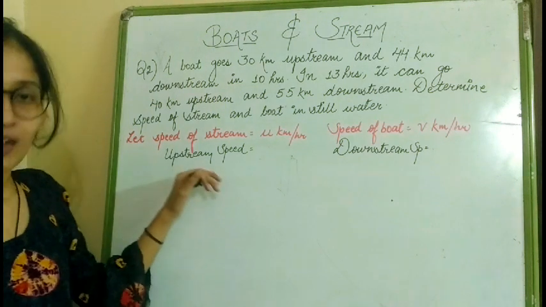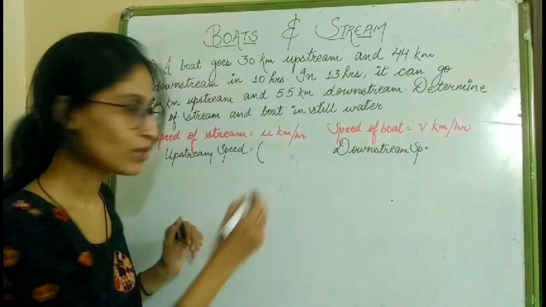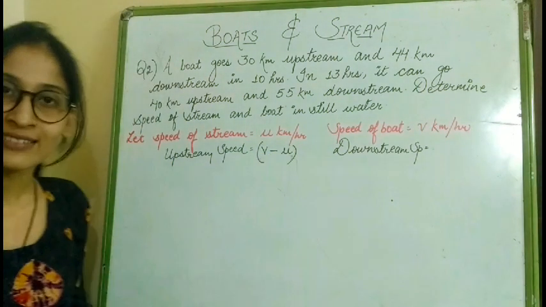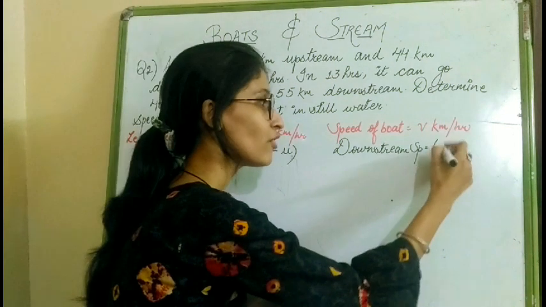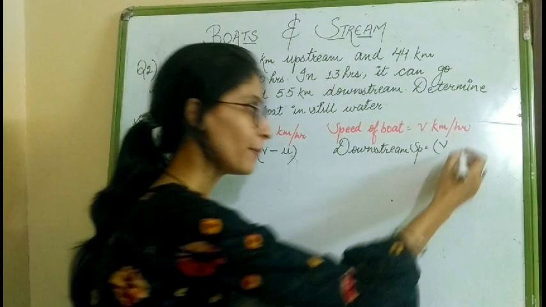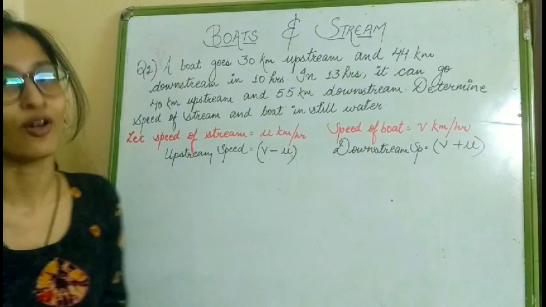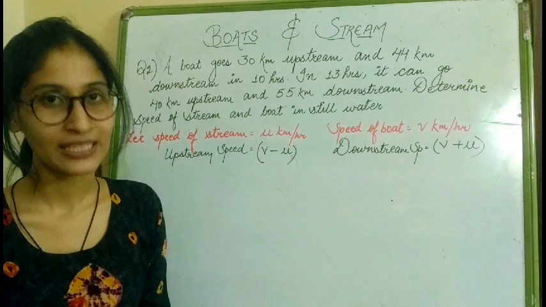We know that upstream speed will be speed of boat in still water minus speed of stream, and in the case of downstream, the overall speed will be speed of boat in still water plus speed of stream.